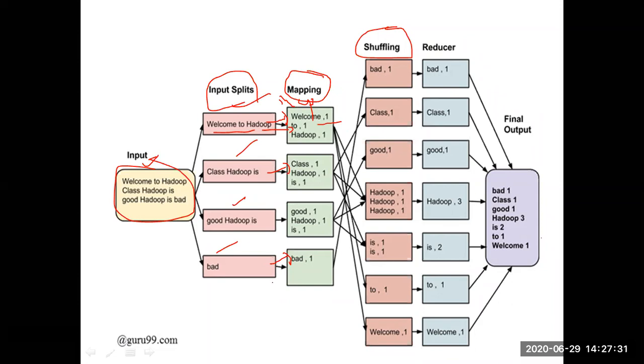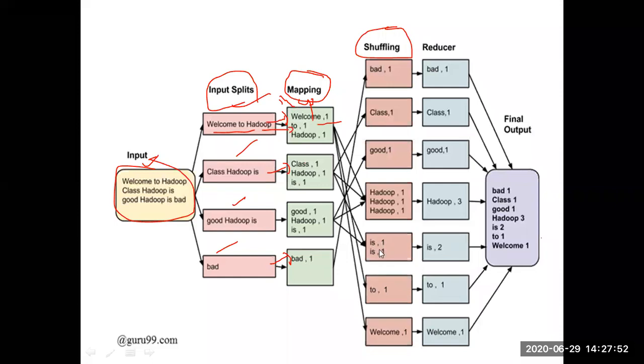For example, if you observe here, it is maintaining one block. Welcome is given to one block, welcome is separately maintained, count 1. To is maintained separately, count is 1. Class is maintained separately.